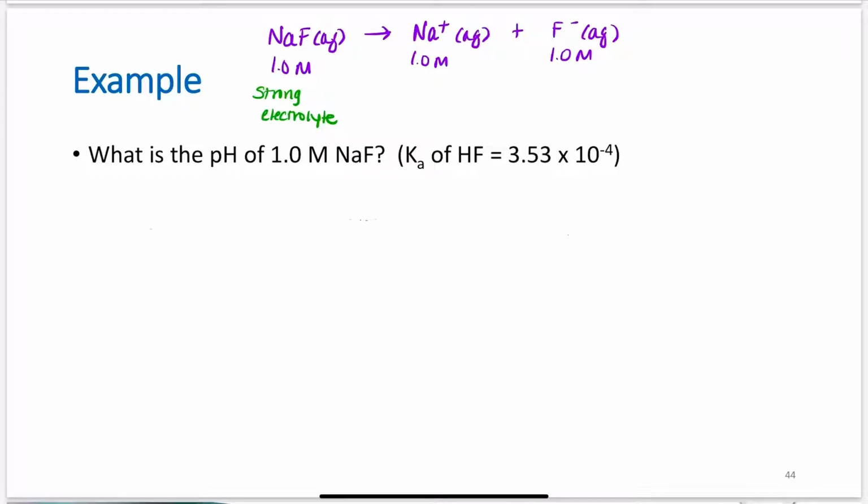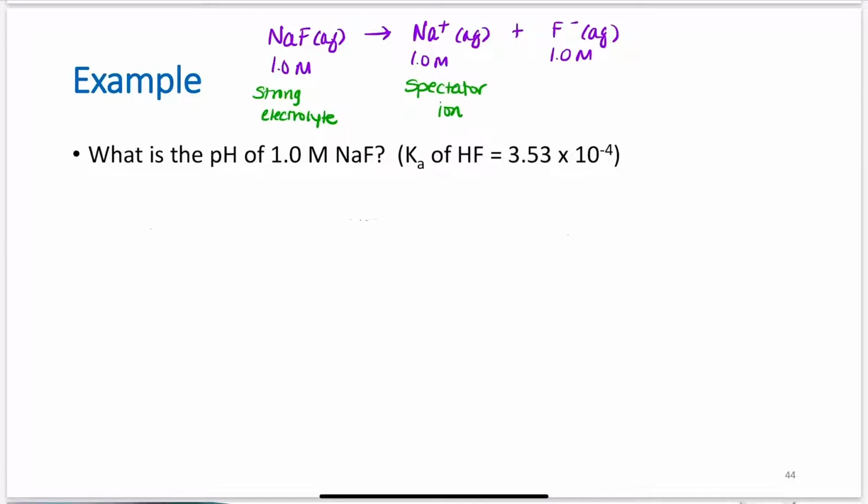Now I'm going to look at sodium fluoride. Sodium, if I pair that up with hydroxide, is sodium hydroxide. That is a strong base, which means this is a spectator ion. I'm going to ignore it because it is not going to contribute any hydronium or hydroxide ions. It's not going to cause any water molecules to form hydronium or hydroxide ions in solution. So it's going to be a complete spectator. It's not going to affect my pH.